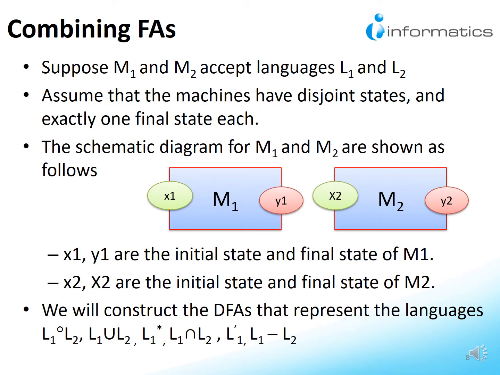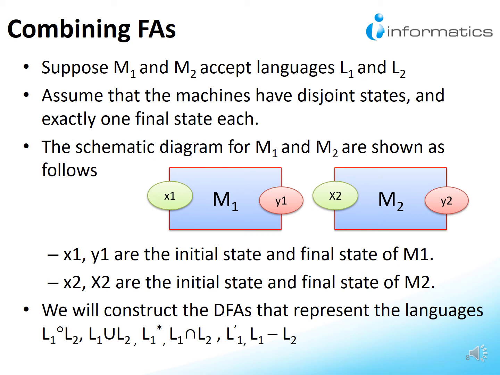Given two finite automata M1 and M2 that accept languages L1 and L2 respectively, we assume that M1 is a non-deterministic machine with initial state x1 and one final state y1. Similarly, for M2, its initial state is x2 and it has only one final state y2.